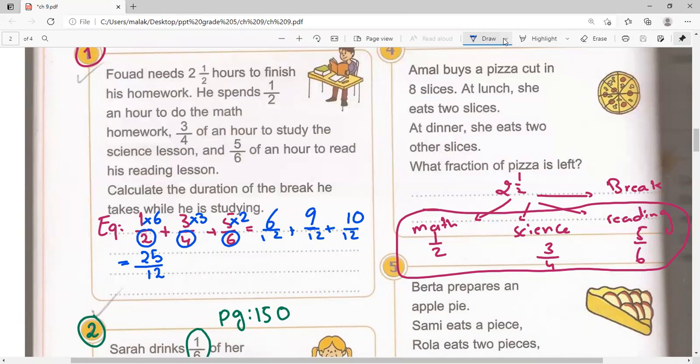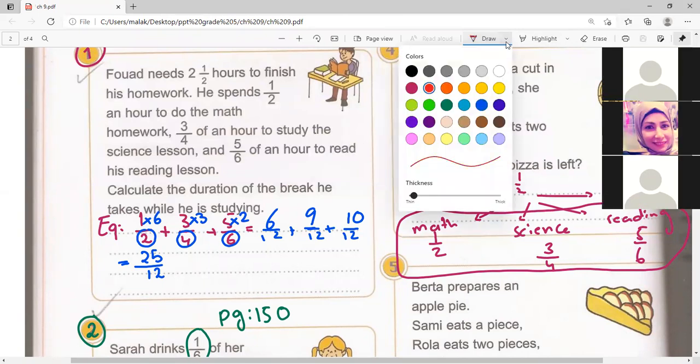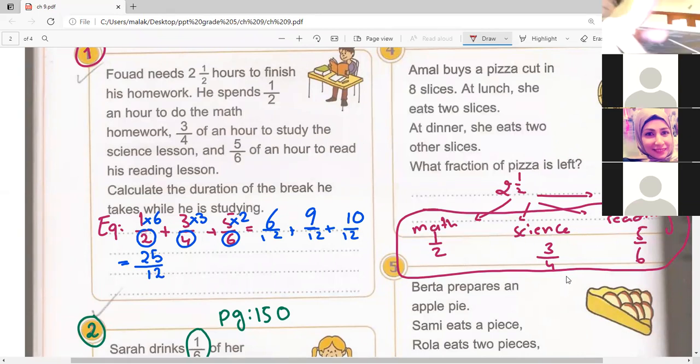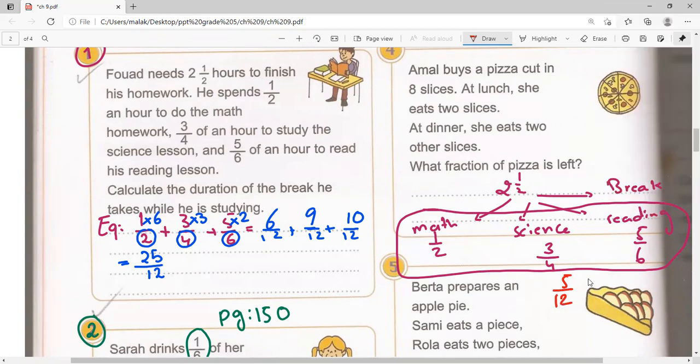Now Fatima, you will find the duration of the break. He took 25 over 12 to finish the math, science, and reading lesson. How much is left to take a rest? We will make a subtraction. Exactly. What is the total?